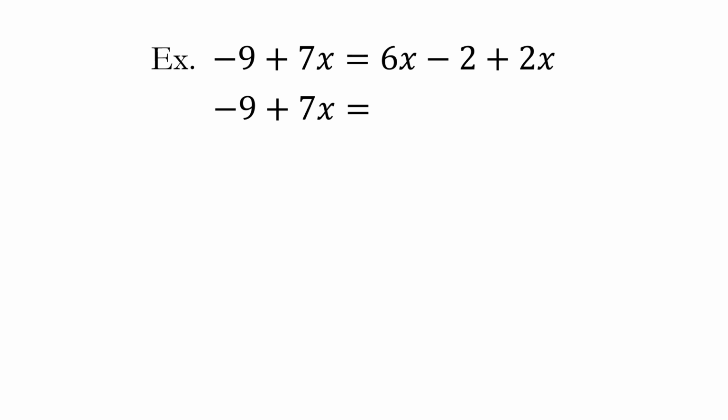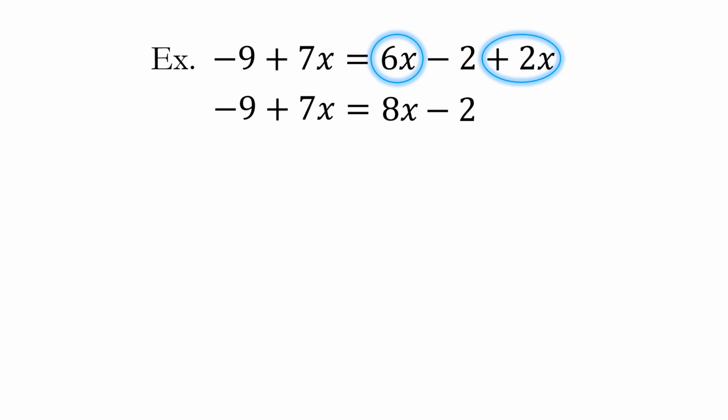If you notice, we have a 6x and a positive 2x that we can combine, or 6x plus 2x. When we combine those like terms, 6x plus 2x gives us 8x, and we'll bring down whatever is left over, subtracting 2.